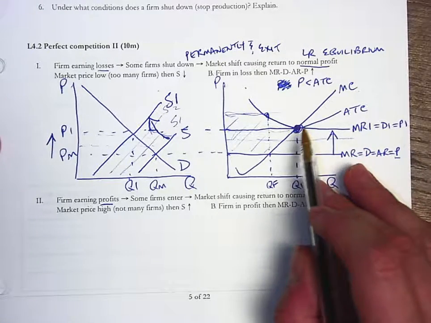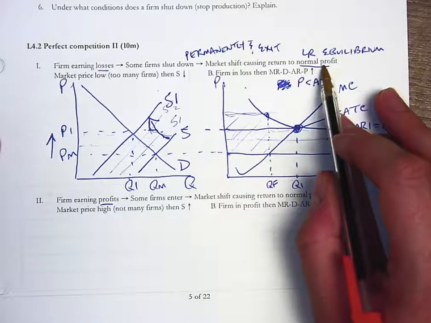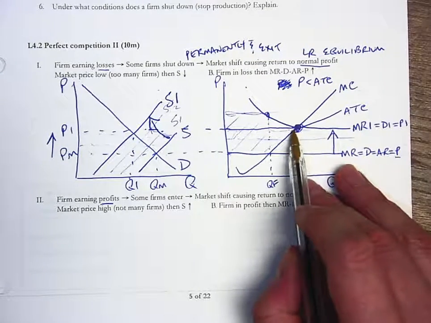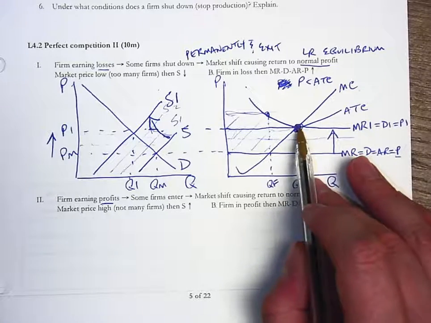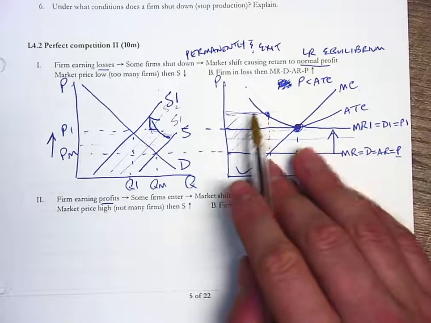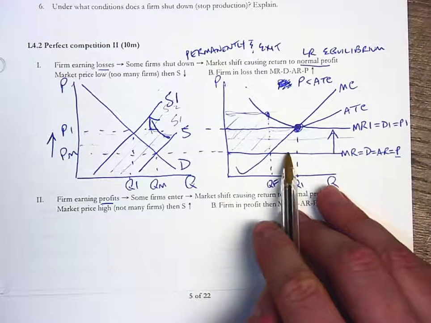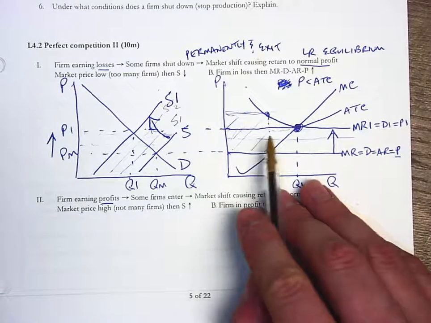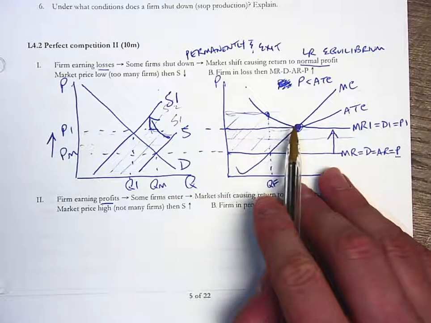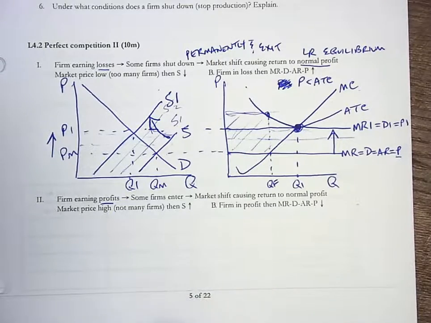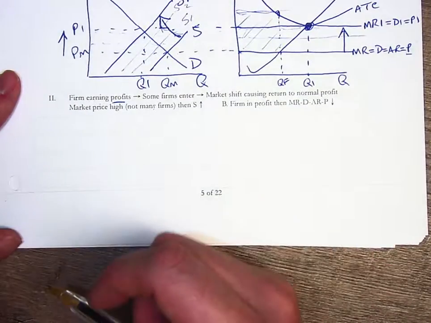And at that value, we are now at normal profit. We call it normal profit because this is the normal state for them to be in. If they are operating at a loss, firms are going to exit, and as they exit, MR, D, AR, and P will rise, and that loss rectangle gets smaller and smaller until it gets to be zero, and then they are earning normal profit.